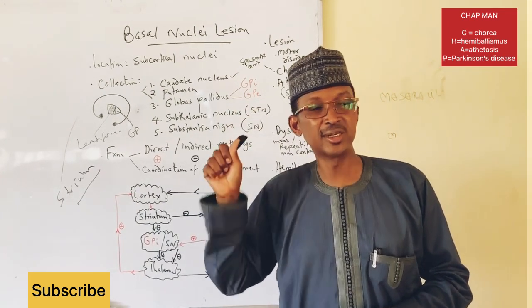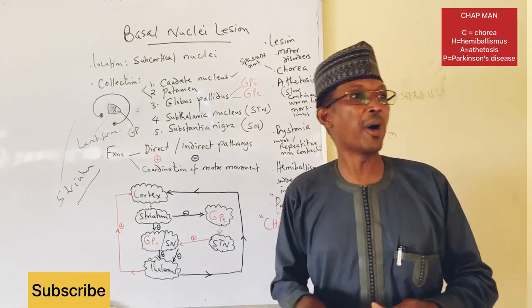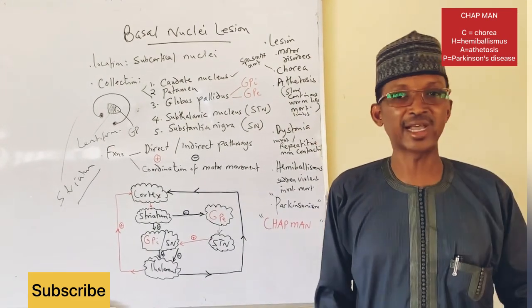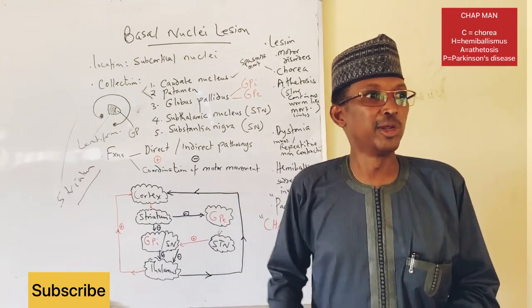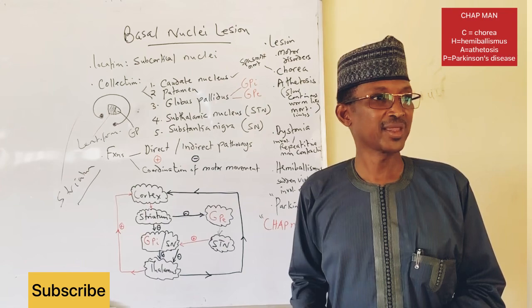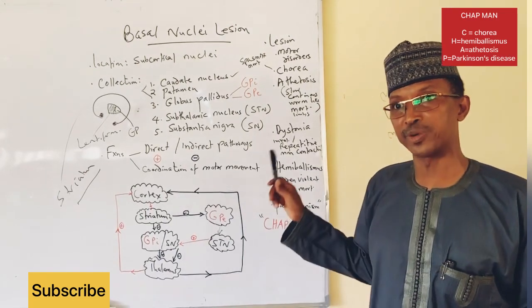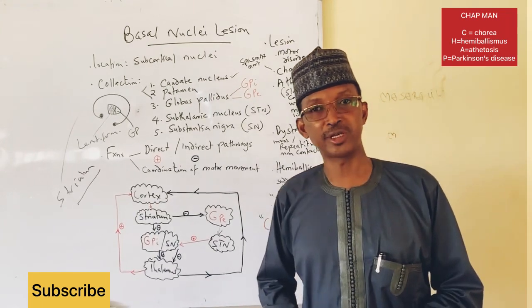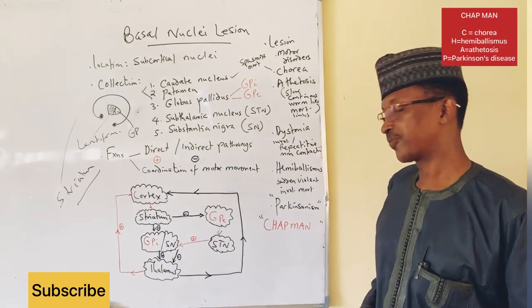You get it? Just as you are sitting down, you just see your leg suddenly move involuntarily like that. That is what you call hemiballismus, and it's part of the presentation of a patient with basal nuclei lesion.